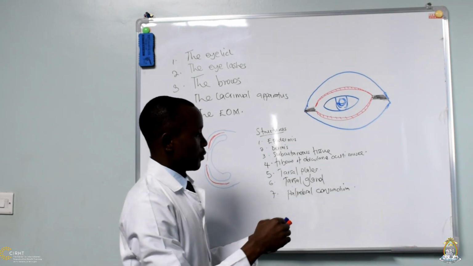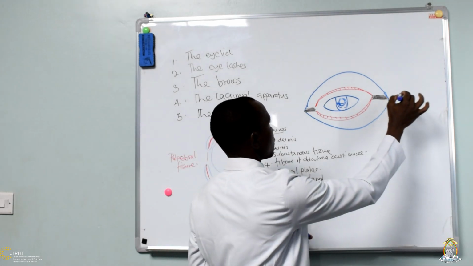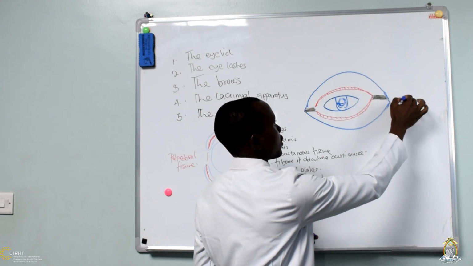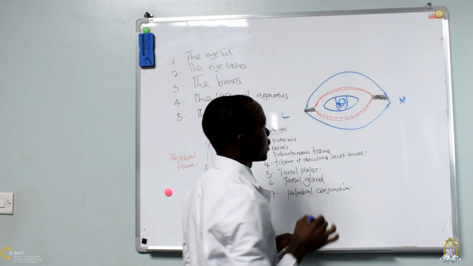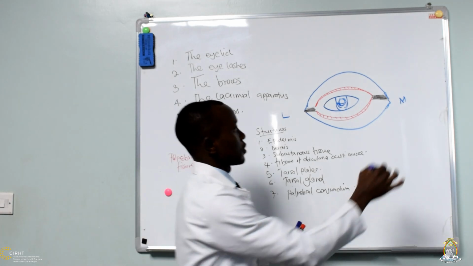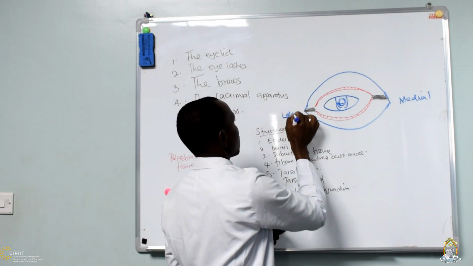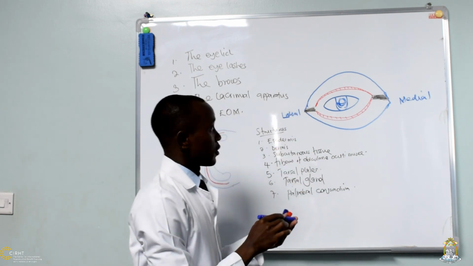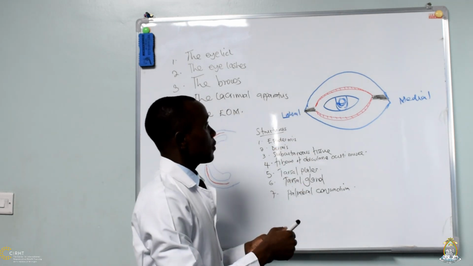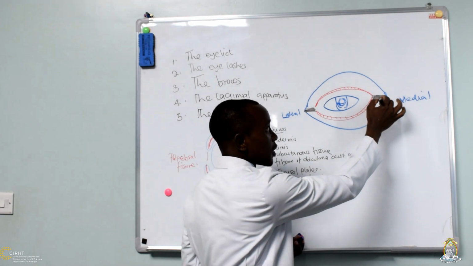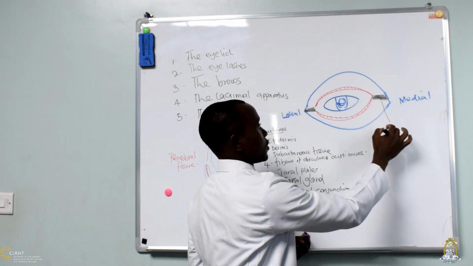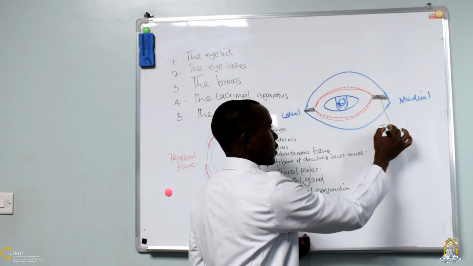Let's say this one is the medial part and this one is the lateral part. Now, this fibrous tissue is called the tarsal ligament.